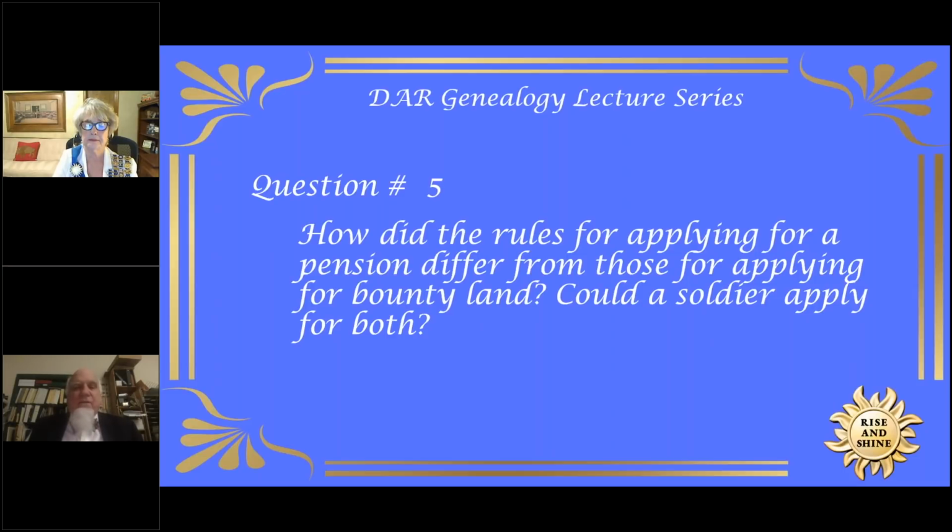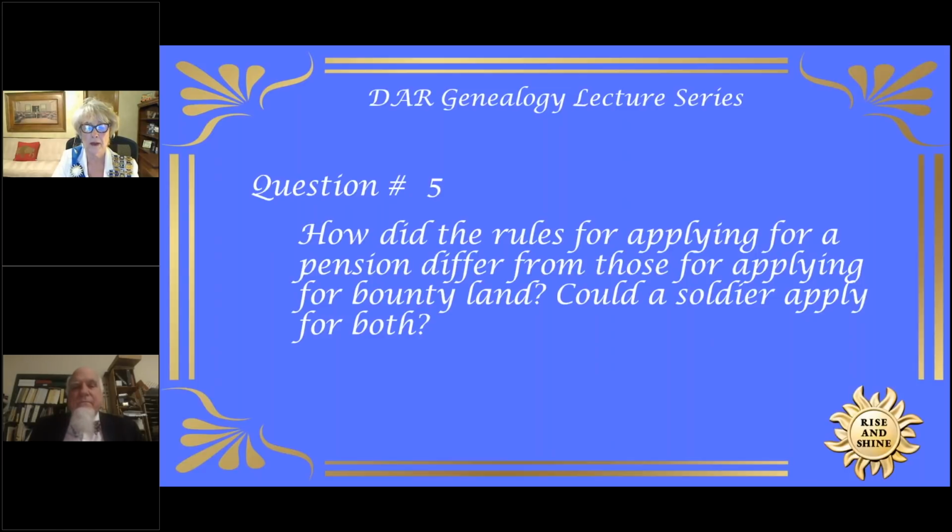So it doesn't matter whether they apply for a pension or apply for bounty land. Now, there are times where you could get bounty land in lieu of a pension, or a pension in lieu of bounty land. It depends on what law is in effect at the time. But most of that relates to the War of 1812, not to the Revolution.